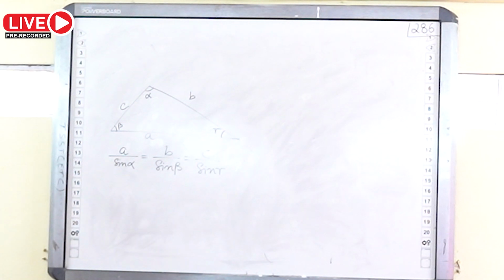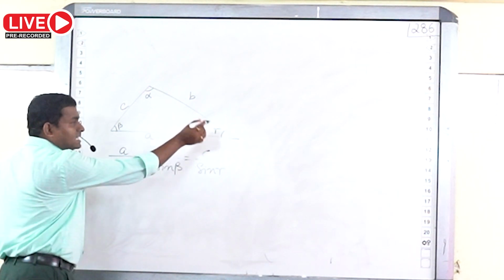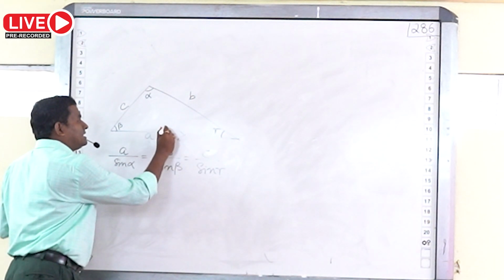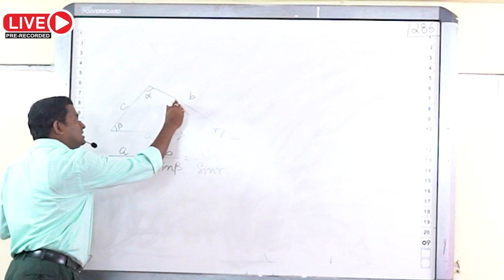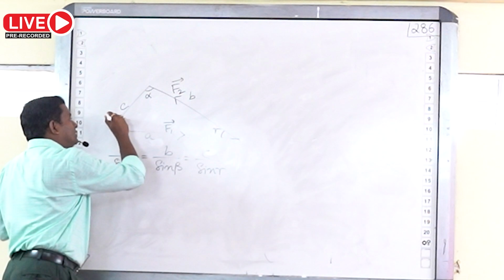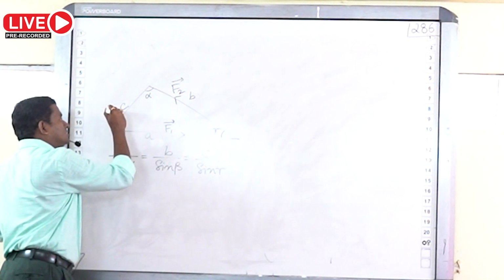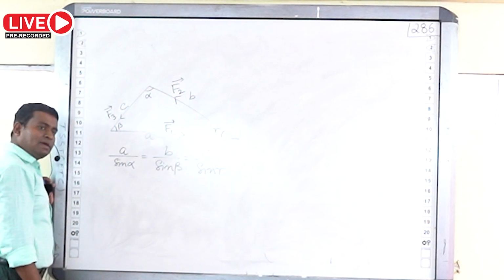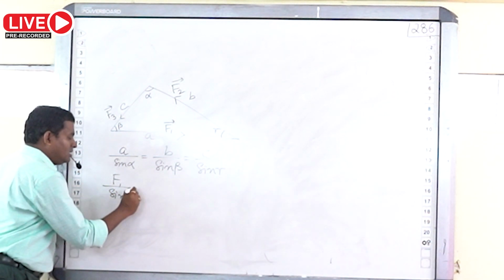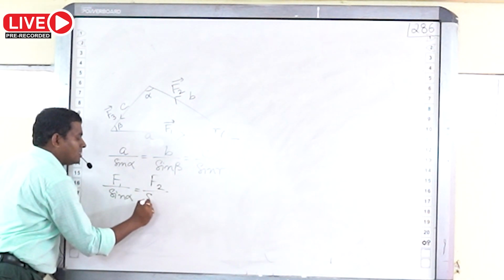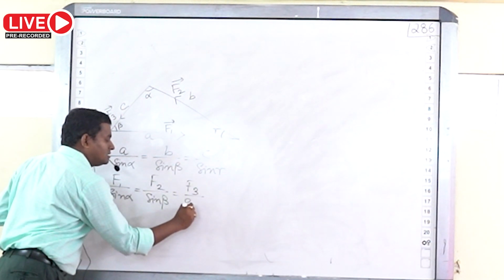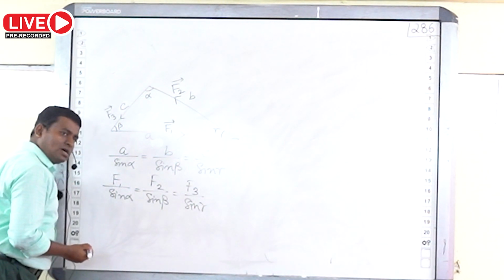Then if I represent all these sides by vectors, suppose this one is a force vector F1, this one is another force vector F2, this one is another force vector F3. Then taking their magnitudes, we can write this form as well. F1 by sine alpha equal to F2 by sine beta equal to F3 by sine gamma.